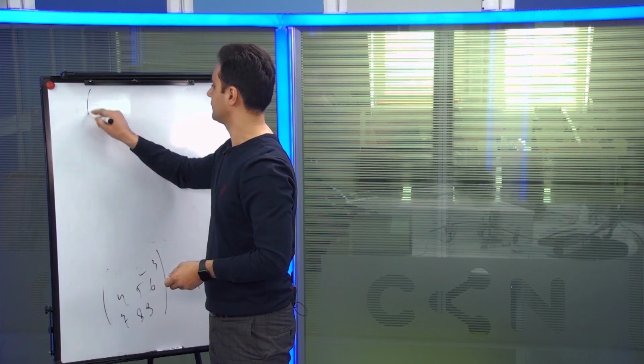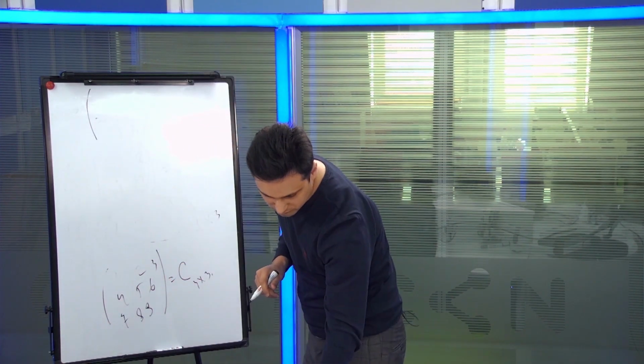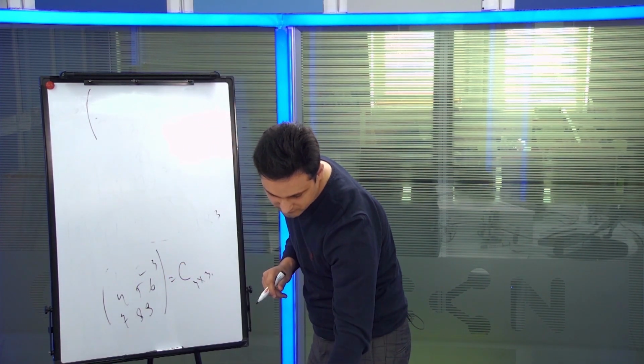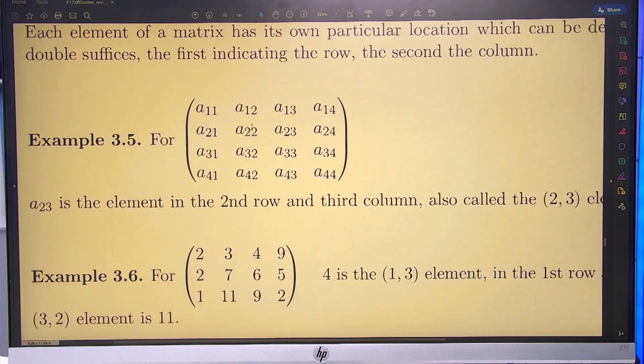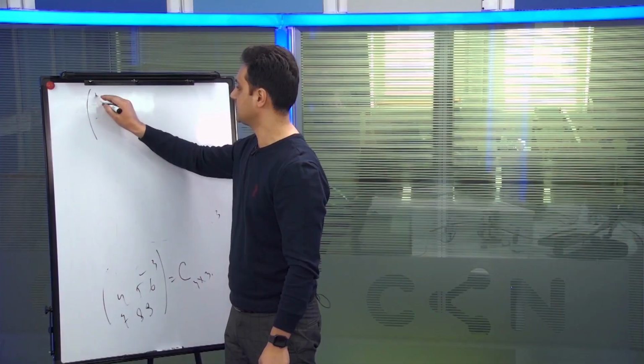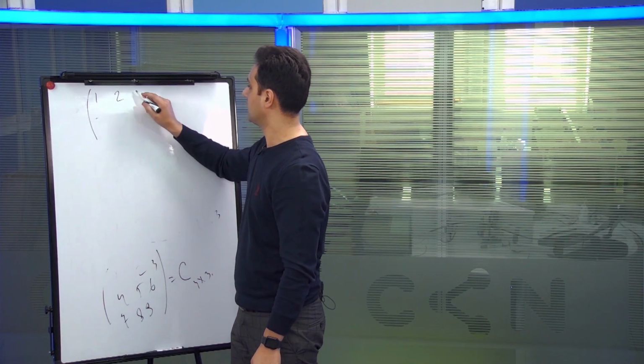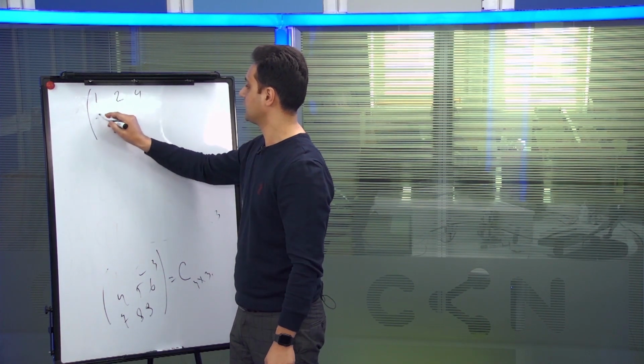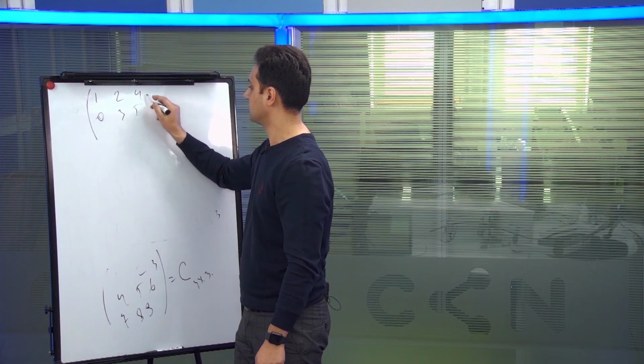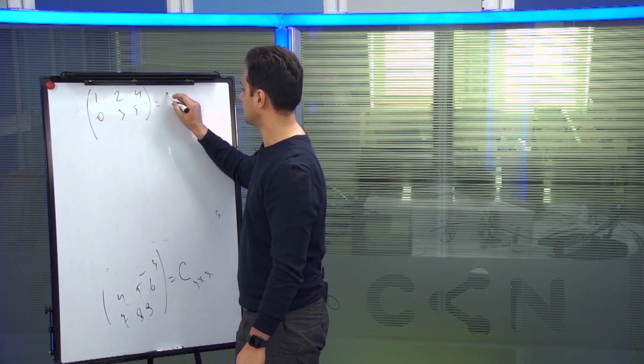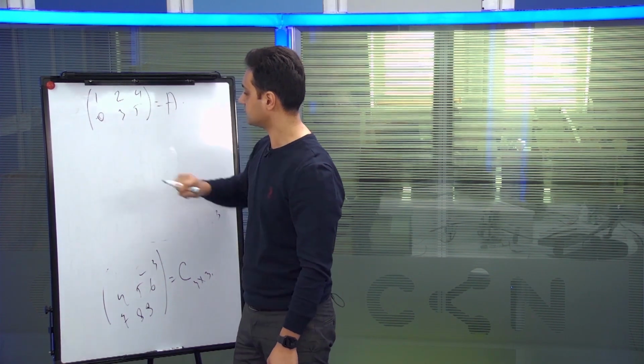First of all, this is the notation for a matrix, how we define each element of the matrix. This is example 3.5, a kind of formula or notation for a matrix. I will explain this on the example 0, 3, and 5. Let's say it's matrix A, right?